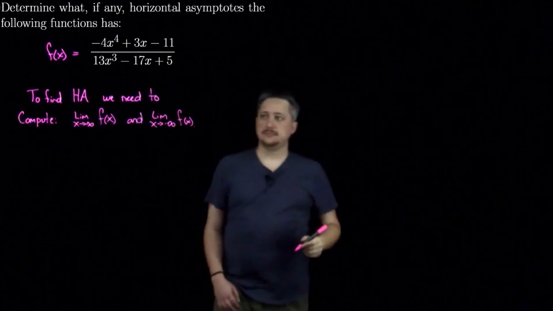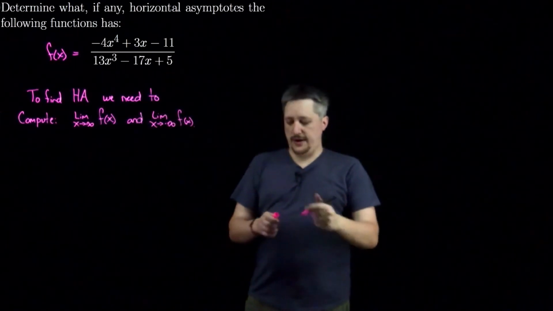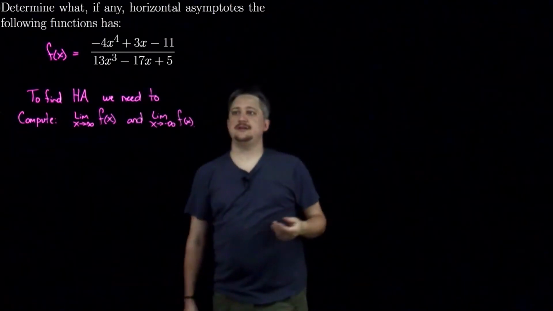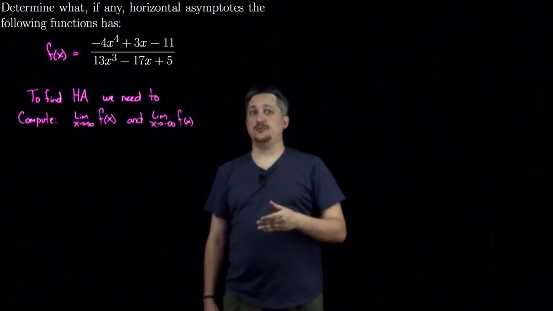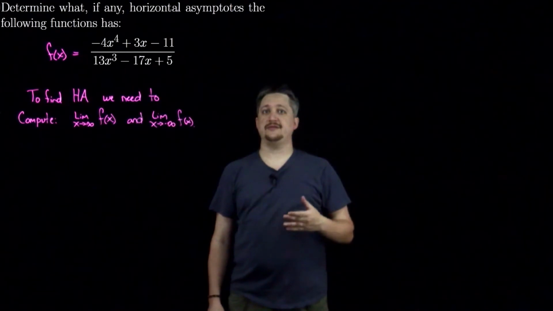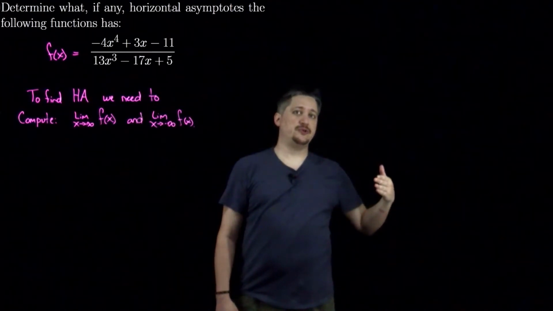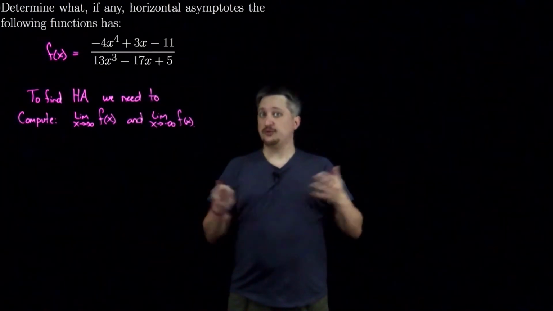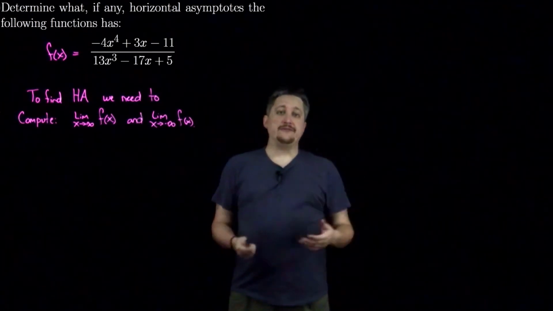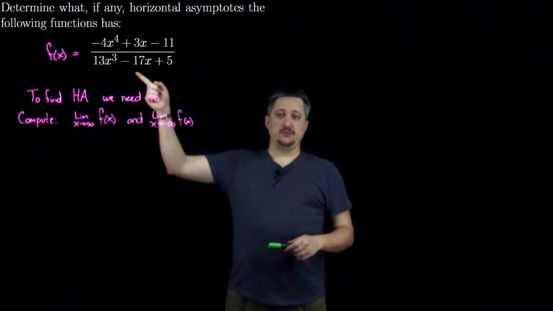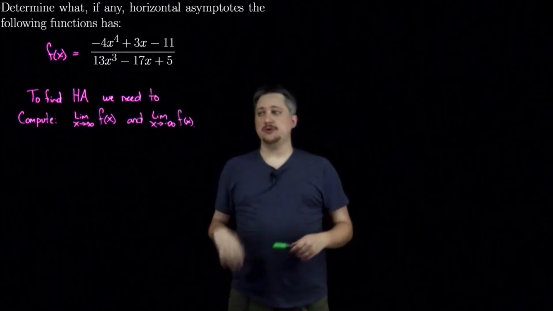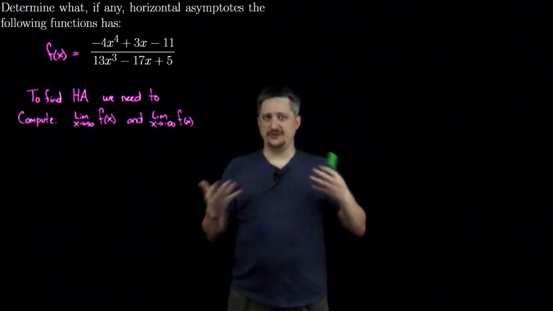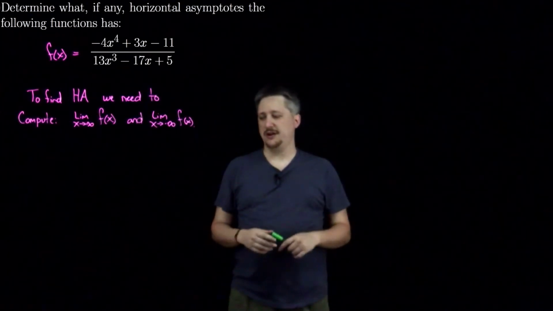Generally speaking, it is certainly possible that the limit as you go to positive infinity is different than the limit as you go to negative infinity for a function. If all you have are polynomials, which is what we have here, polynomial divided by polynomial, they're going to end up being the same. This has to do with how the symmetries of polynomials work.